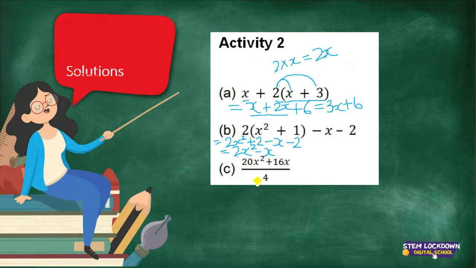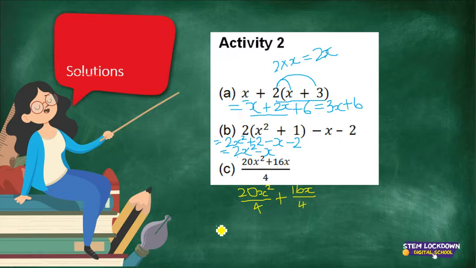Now this again is the same as saying 20x squared divided by 4, plus 16x divided by 4. In other words, this 4, which is in your denominator, divides both terms, right?